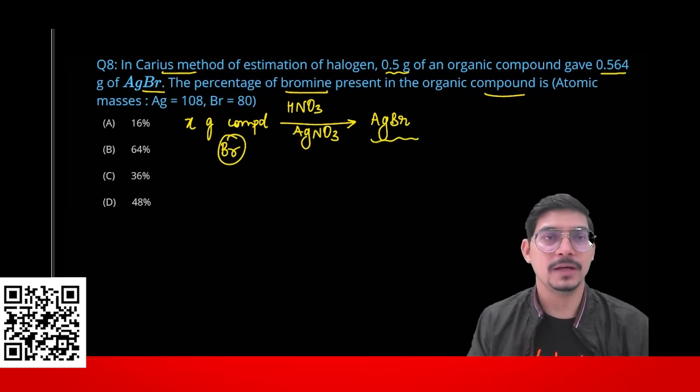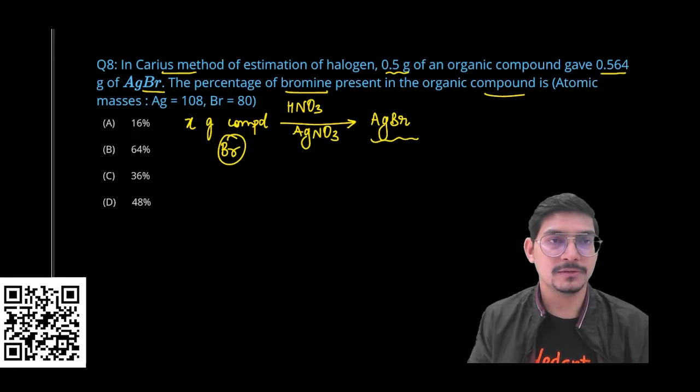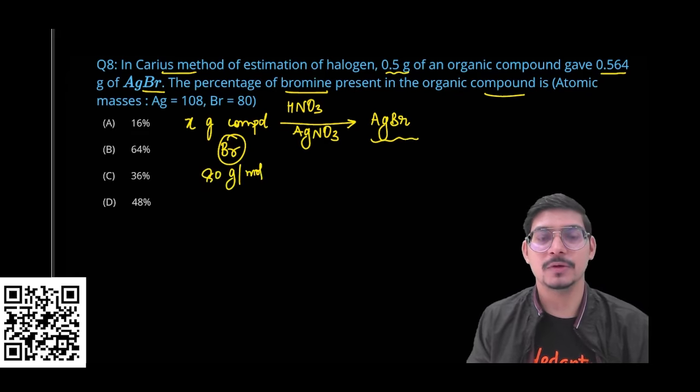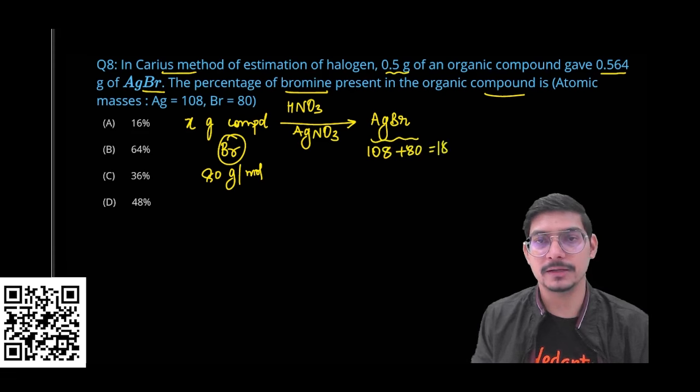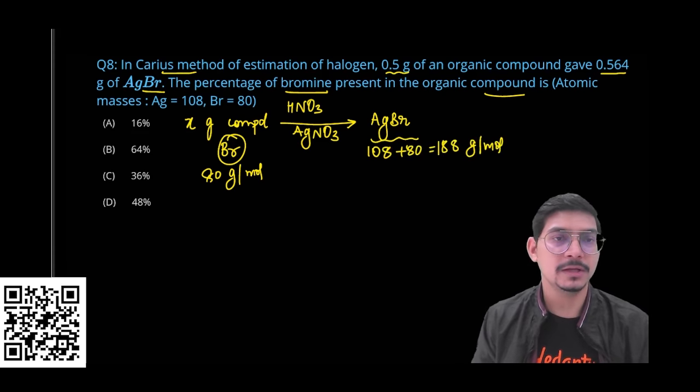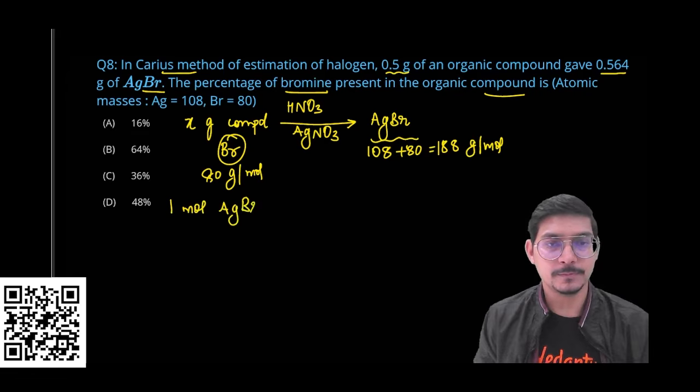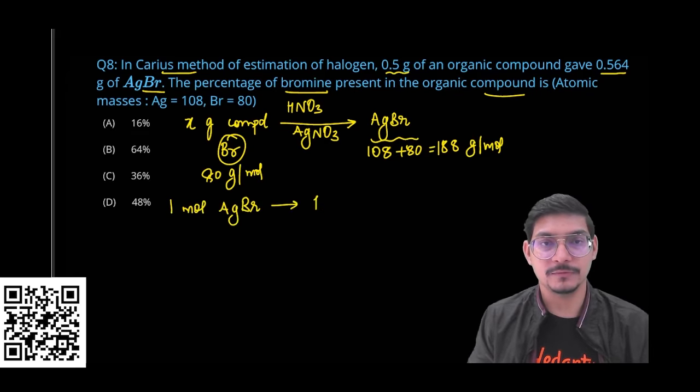So now if we apply unitary method on this, the molar mass of bromine is 80 gram per mole. It is given in the question. And the molar mass of AgBr would be 108 plus 80, which would be 188 gram per mole. So now applying unitary method, 1 mole AgBr would have come from 1 mole Br.